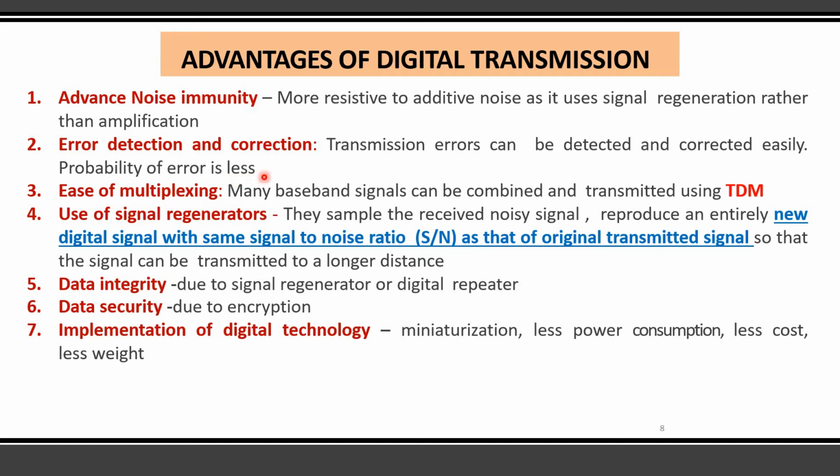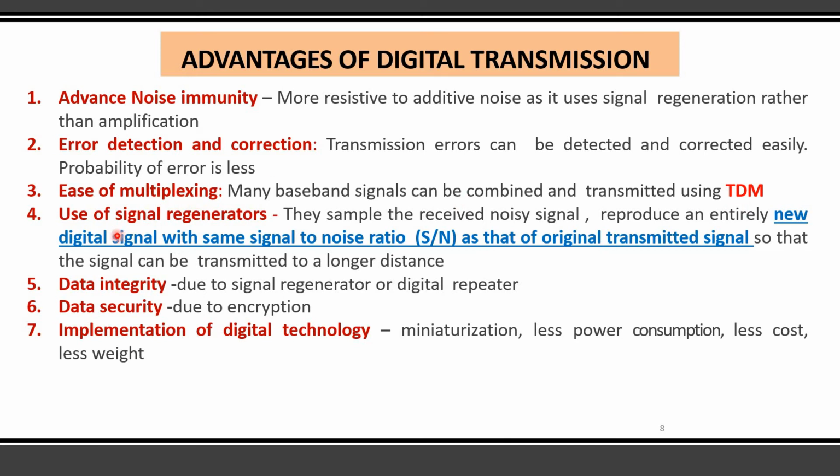That is possible in digital communication. In a similar manner, the third point is multiplexing. More than one signal, or signals from more than one station, are multiplexed together and transmitted through a single communication channel by implementing time division multiplexing. That is also possible in digital communication.